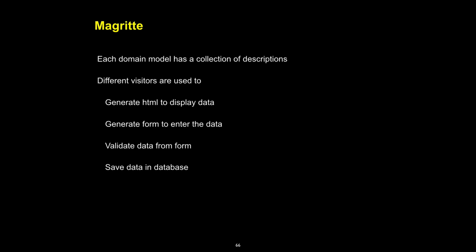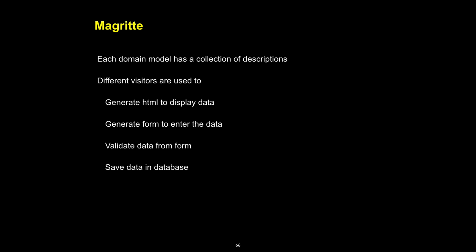And so you create this model of what you want to do, and then there are visitors already made for you that will do these operations. Generate the HTML, generate the form, validate the data, and actually save it to the database.